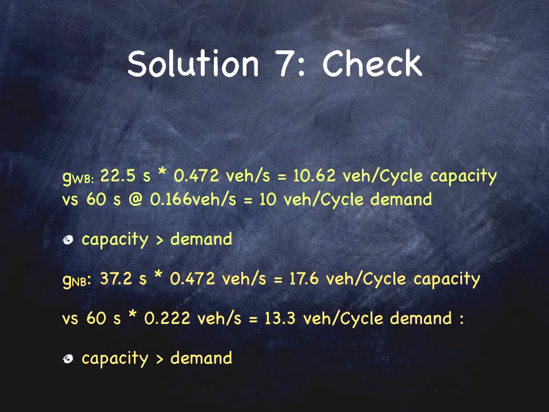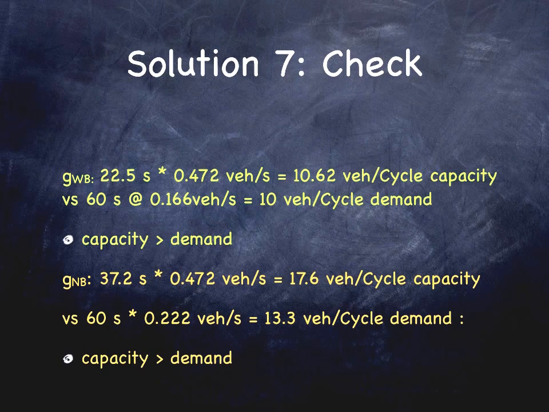Our demand was 60 seconds times our arrival rate of 0.166 vehicles per second, and that's 10 vehicles per cycle. Since 10 is less than 10.62, our capacity is greater than our demand, and we're good on our westbound approach.